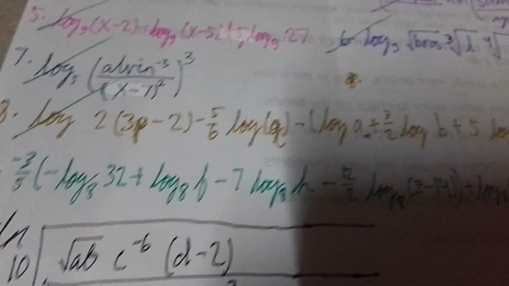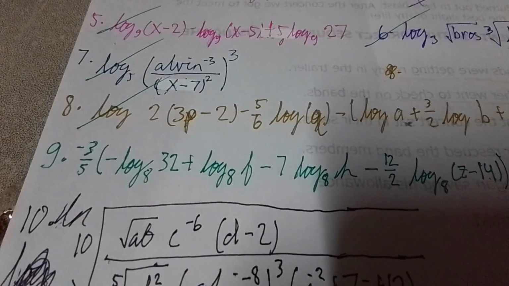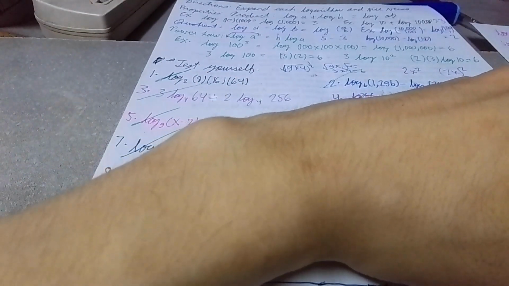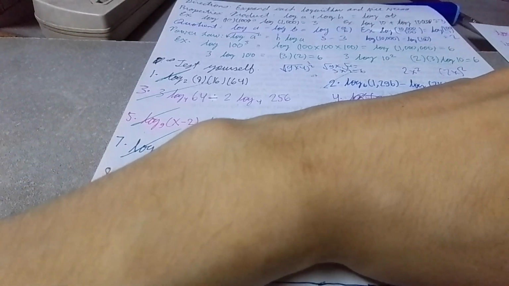Remember, it goes downstairs? So where do you put the negative log base 8 of 32? Remember, if we were to simplify this log, it's going to be like this, with a big bracket. So log base 8 of 32. So 32 is downstairs. Right?